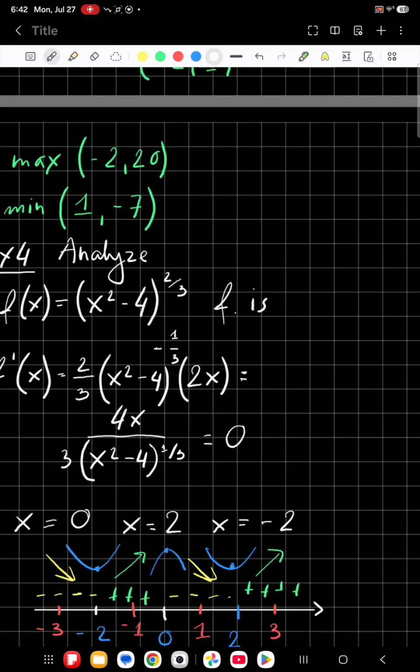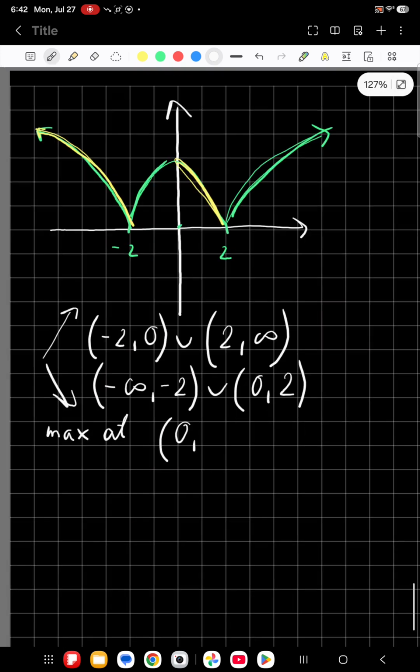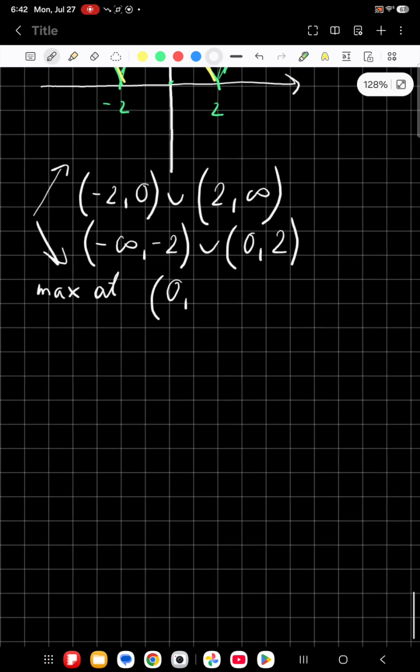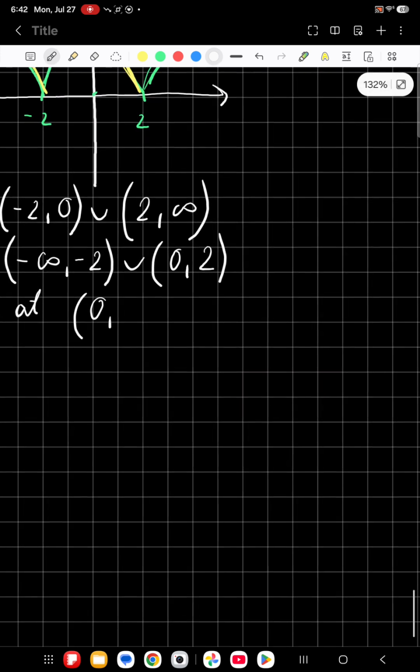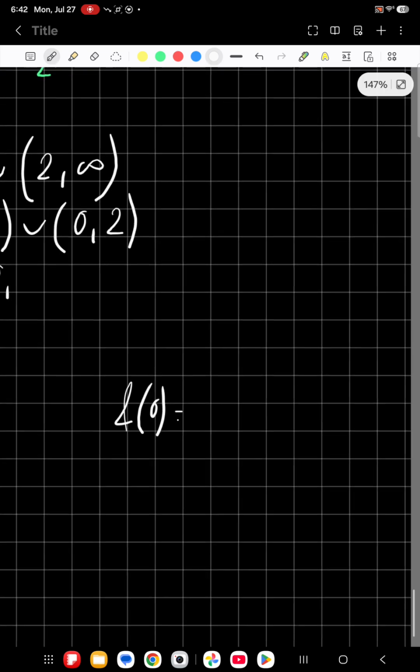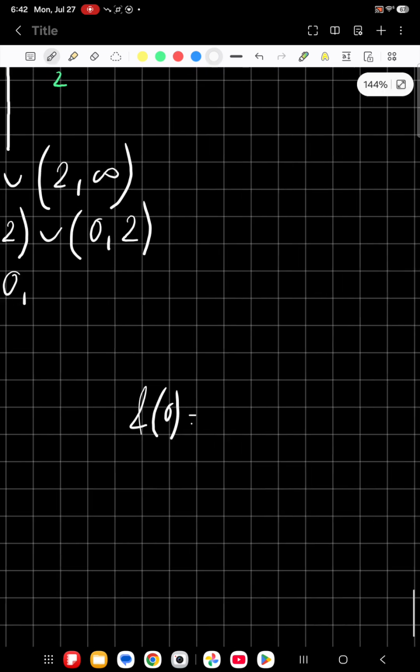We're doing f of 0. Let me do it here on the side. I need more space, I think. F of 0. The function looked like, let me see it in my notes, x squared minus 4.